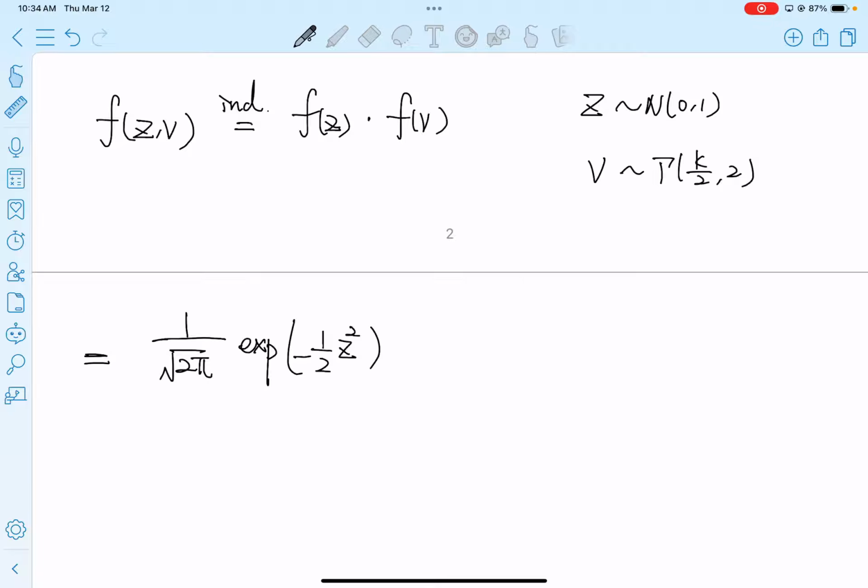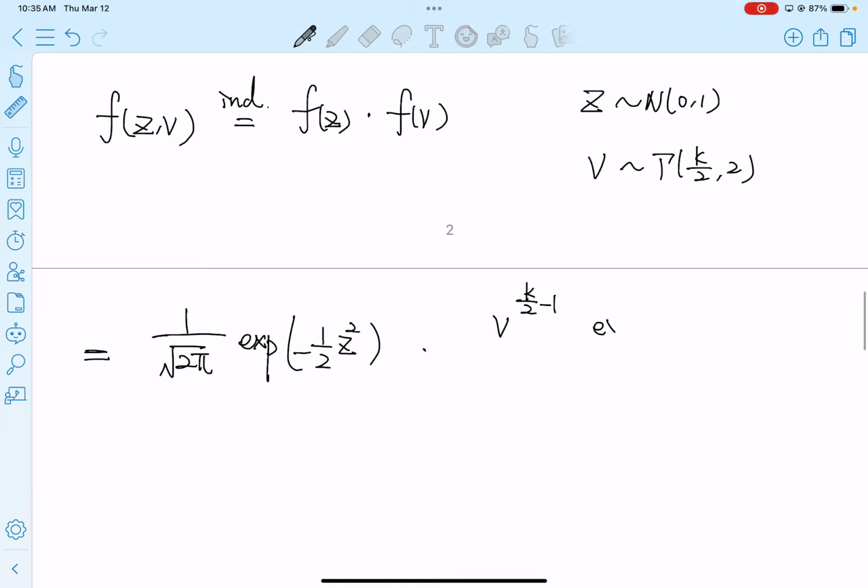And now we also know, from the moment generating function on Tuesday, that v follows a gamma distribution. So we can use the density function for the gamma distribution. We will have v raised to the power of alpha minus 1, where alpha here is k/2, so k/2 minus 1. And then multiply by the exponential of negative v divided by beta. Beta here is 2.